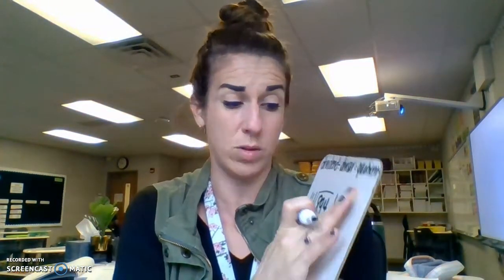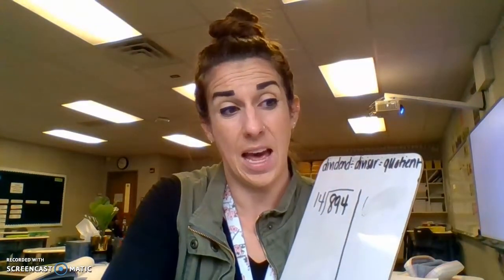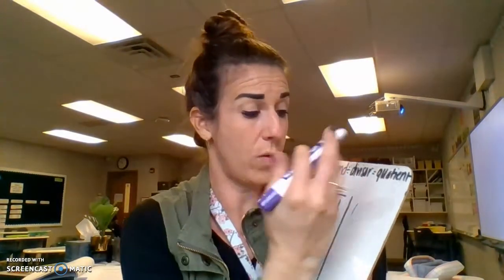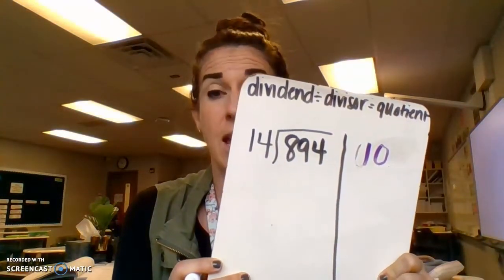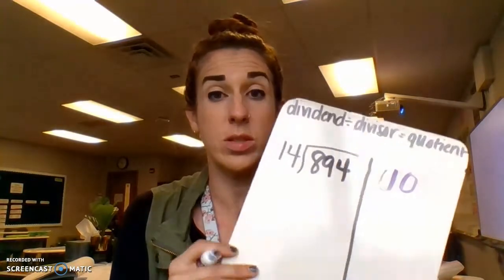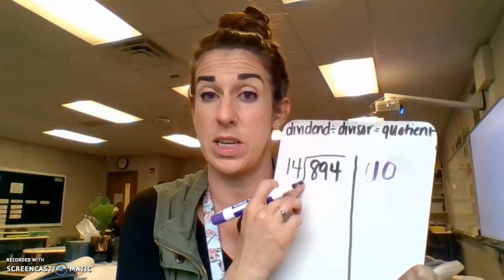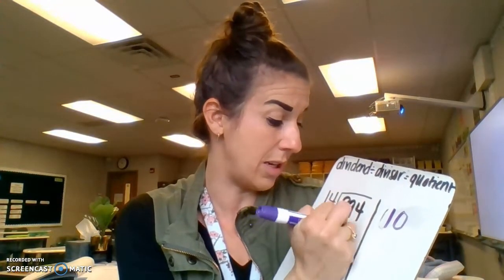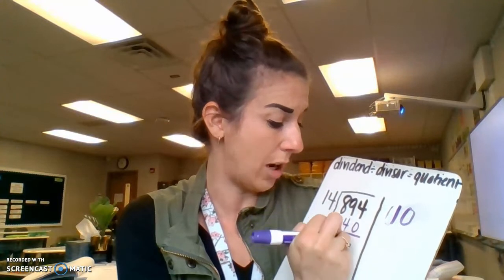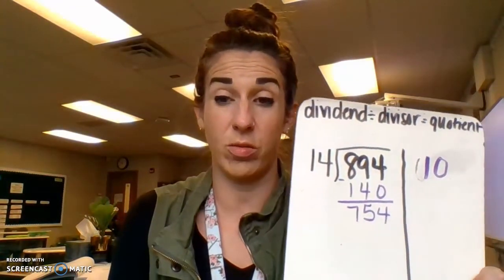And I'm going to write that multiple, I'm going to write that number over here to the right-hand side. And I'm going to then write that multiple below my dividend. So 10 times 14, remember, is 140. So I'm going to write that below my dividend, and I'm going to subtract. 754.